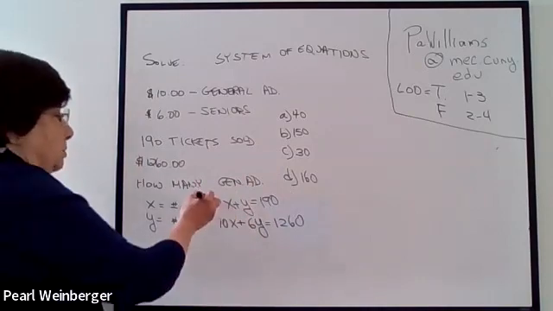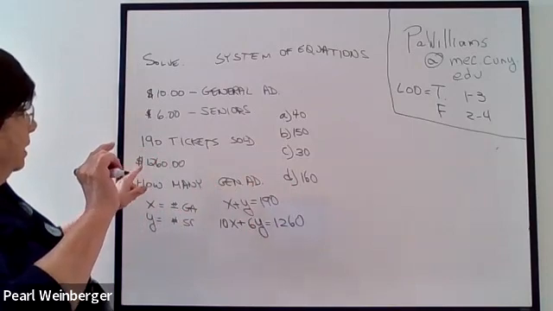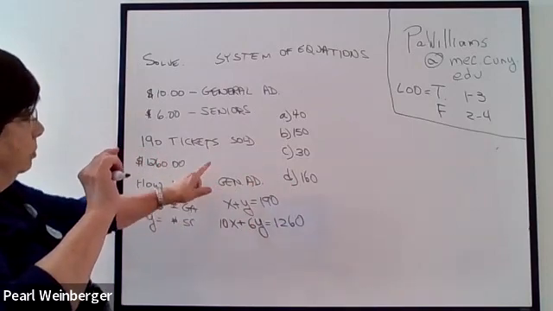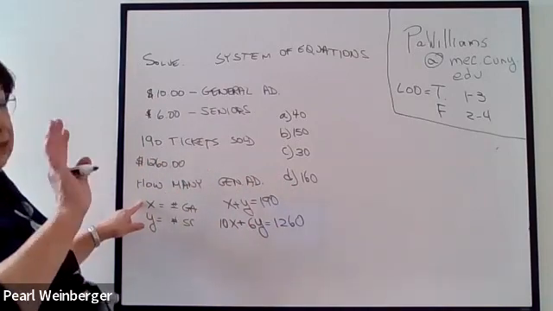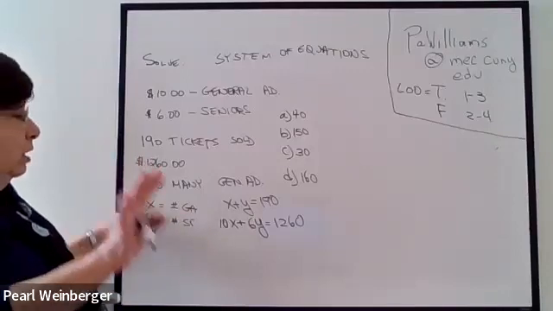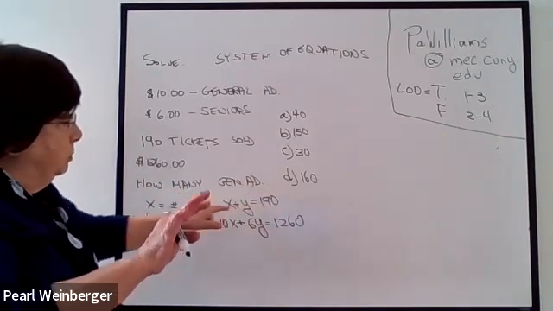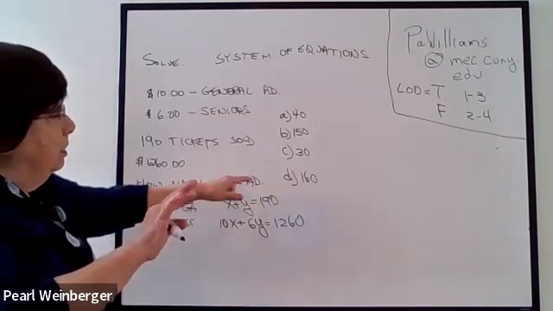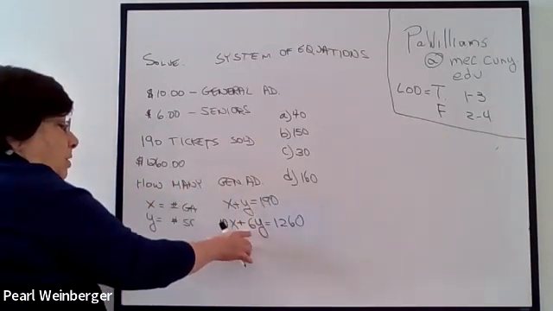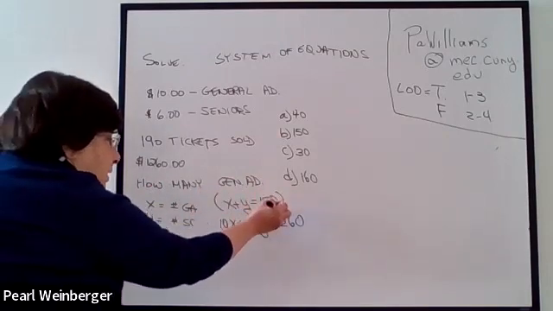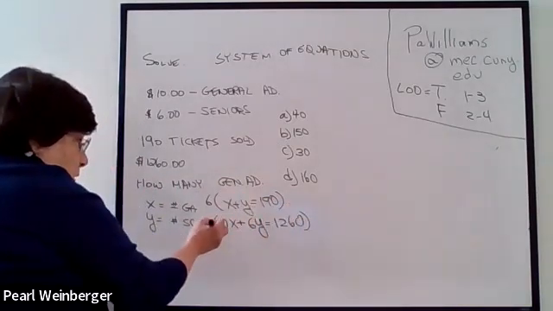And again, in this case, they asked us specifically to find how many general admission tickets were sold, which means they want me to find out what X is. They're not even asking me to find both X and Y, just X, which means it would make most sense for me to get rid of the Y because I want to be left with the X. If I want to get rid of the Y, then I'm going to multiply the top equation by the 6, the bottom equation by the 1.